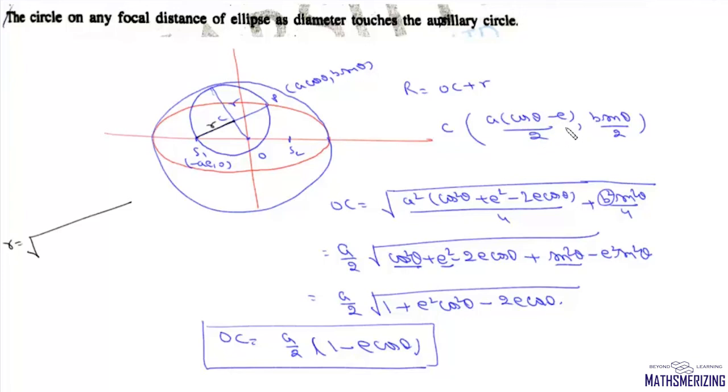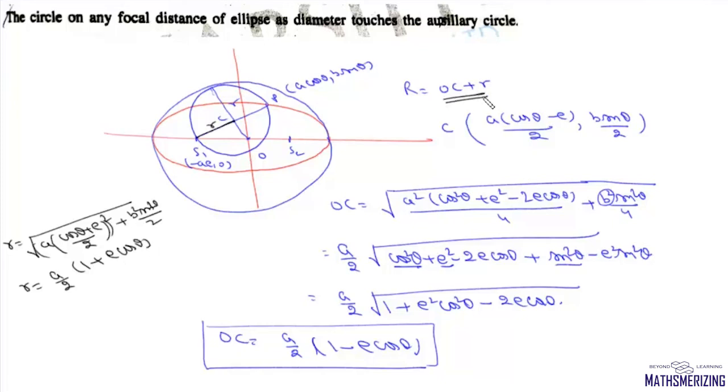So we'll add it, then we'll get a times (cos theta plus e) by 2 whole square, and then plus b square sin square theta upon 4. Now we'll solve it. We'll get the same result except that here we'll get this plus sign. So we'll get this r as a by 2 into (1 plus e cos theta).